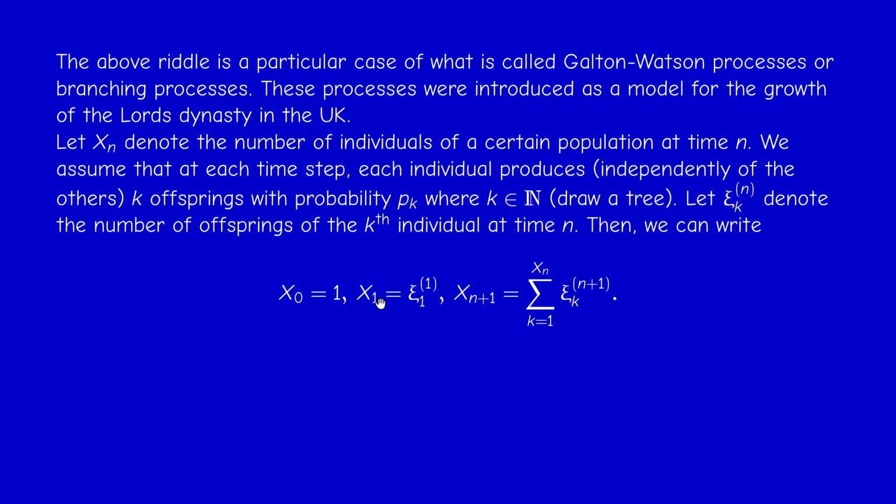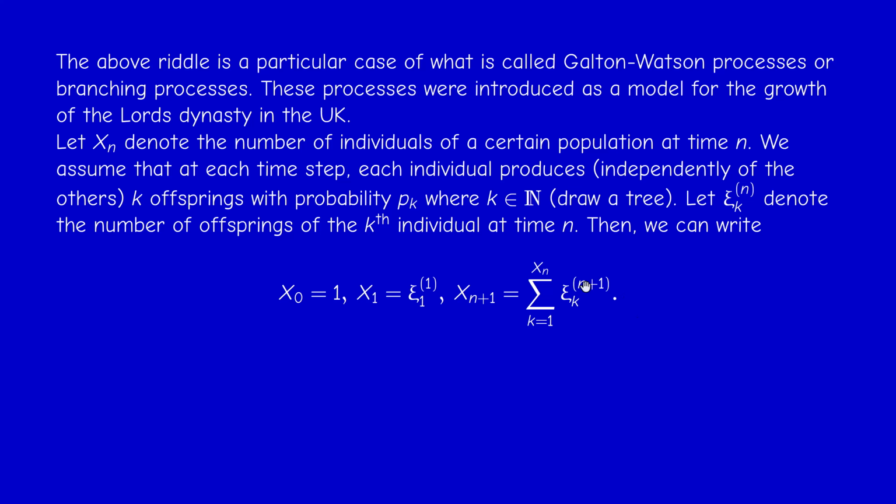Then x1 is psi 1, so it's just the population number at time n equal 1. And this random variable has distribution pk. And then we do the summation. So xn plus 1 is the sum of all these.